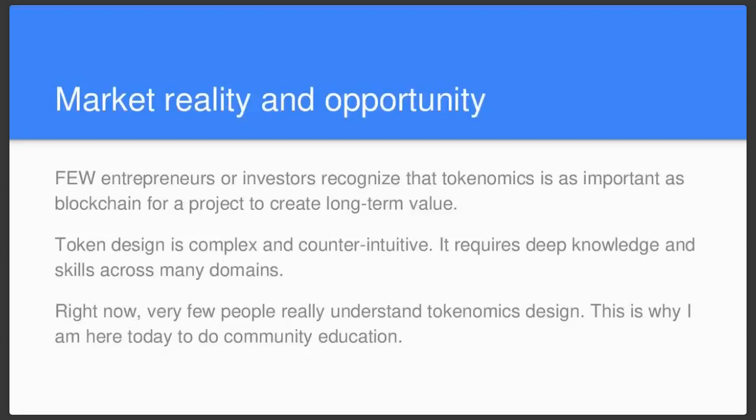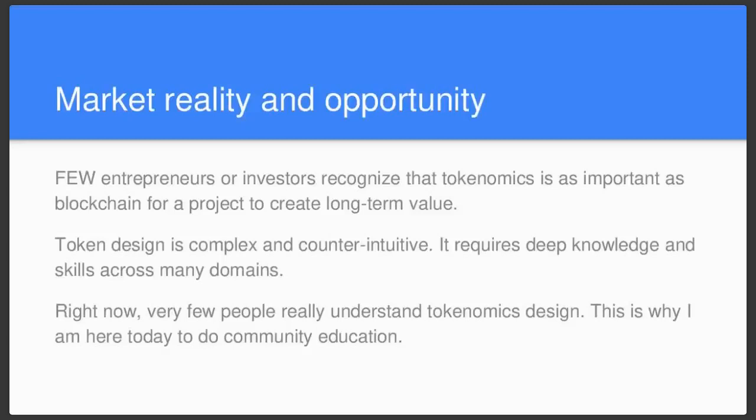The second reality is that token design is really complex and counterintuitive. It requires deep knowledge and skills across many domains. Because of that, very few people fully understand tokenomic design, because it requires knowledge from multiple domains, and very few people have that cross-domain knowledge.